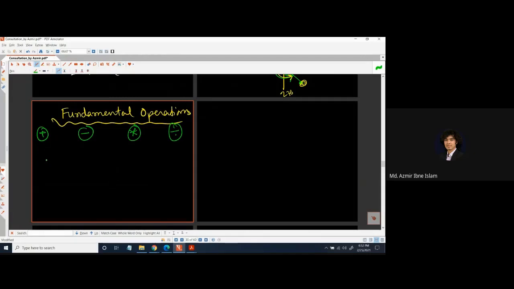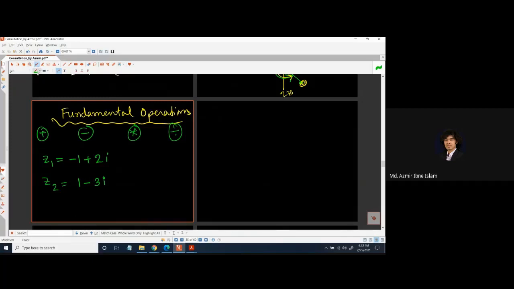So suppose we have two complex numbers. This time I am denoting Z1 as -1 plus 2i, and say we have another complex number Z2 equal to 1 -3i.